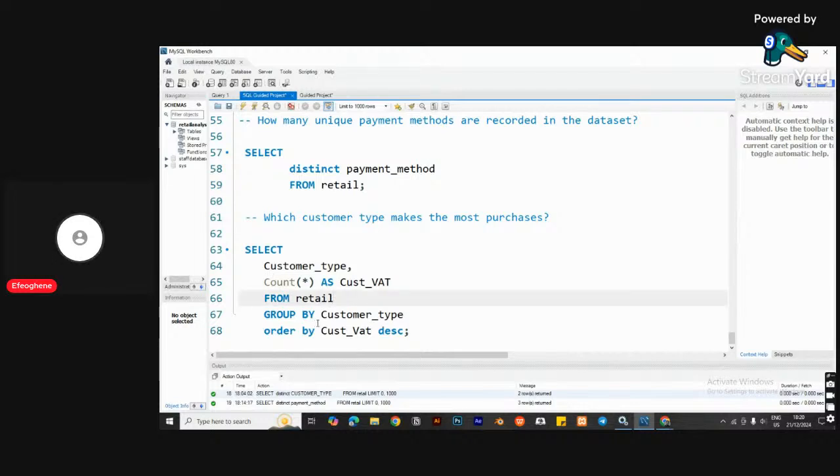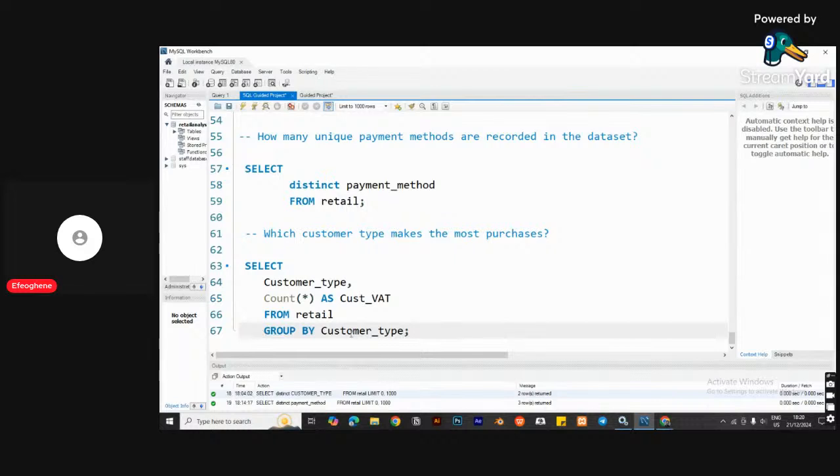So from retail, group by customer type, right? Let's take away this. If we run this, we can change this to customer count.